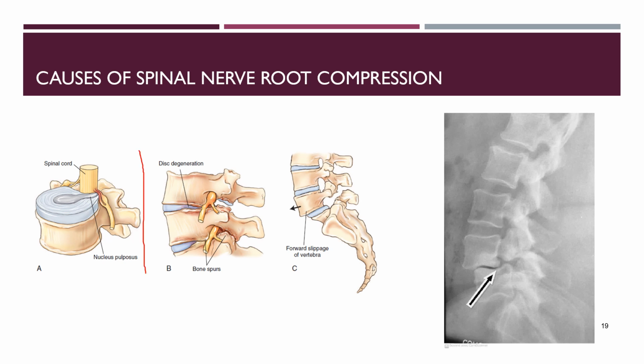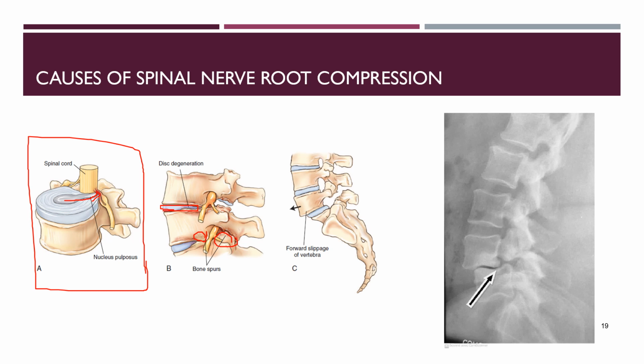On the far left side image, we have that herniation, the disc impinging upon that spinal nerve root. You can see here we have disc degeneration, so we have disc height loss, which is going to further compress these spinal nerve roots in that intervertebral foramen. You can see here that we have bone spurs doing somewhat of the same thing, decreasing the space for that nerve root to exit.